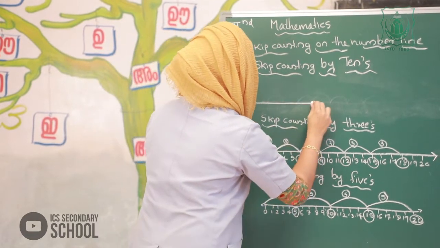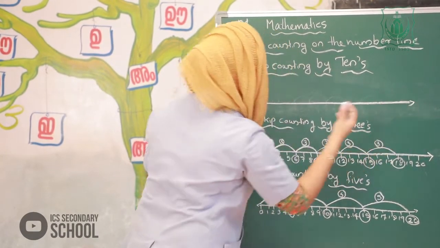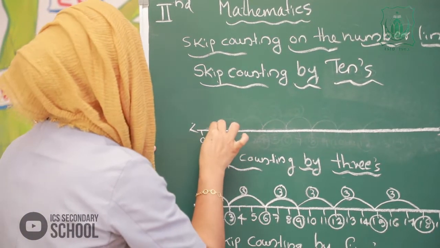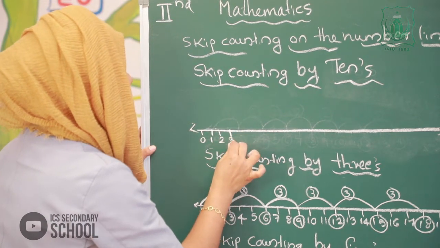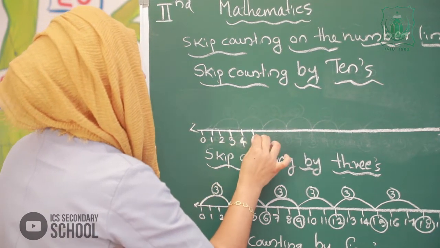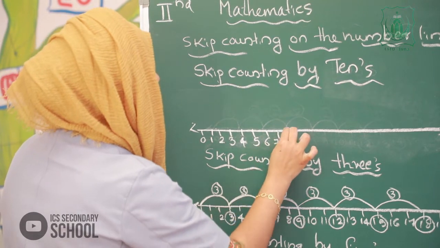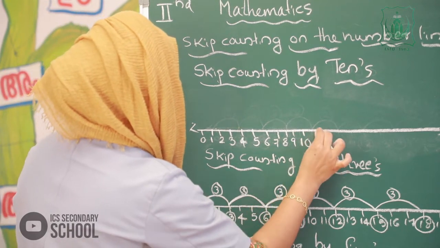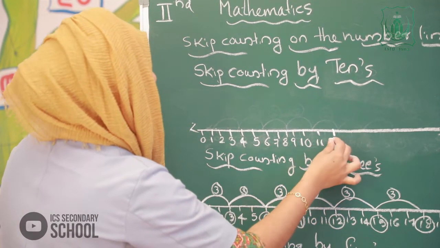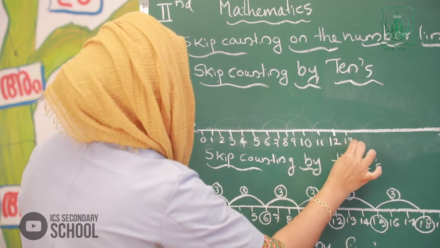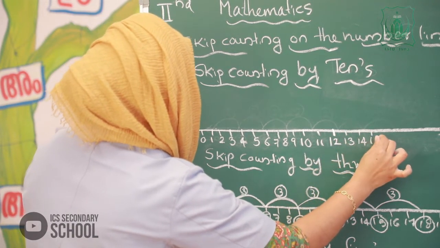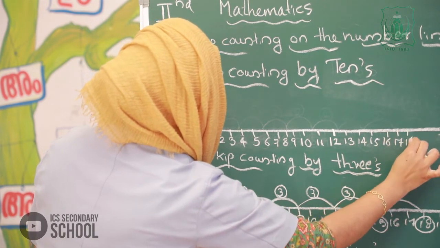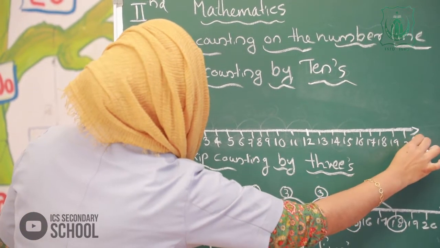First, make a number line and mark the numbers from 0, 1, 2, 3, 4, 5, 6, 7, 8, 9, 10, 11, 12, 13, 14, 15, 16, 17, 18, 19 and 20.